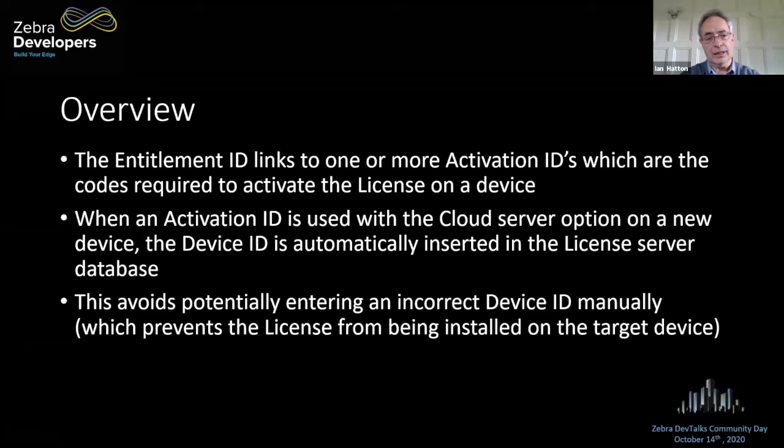When you use an activation ID with the cloud server option on a new device, the device ID, the unique identifier for that particular device, is automatically inserted into the license server database.